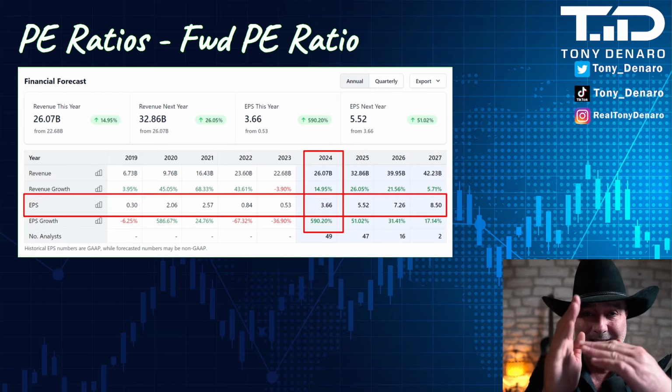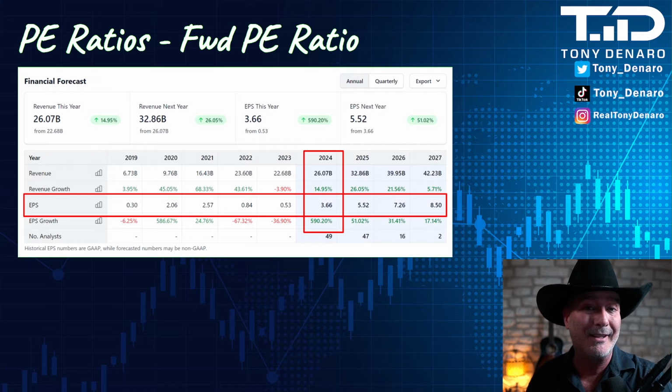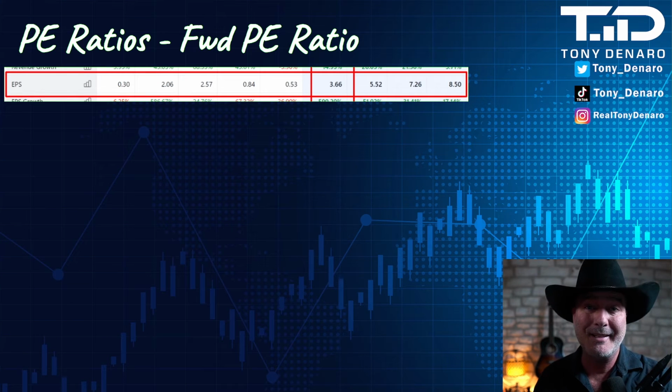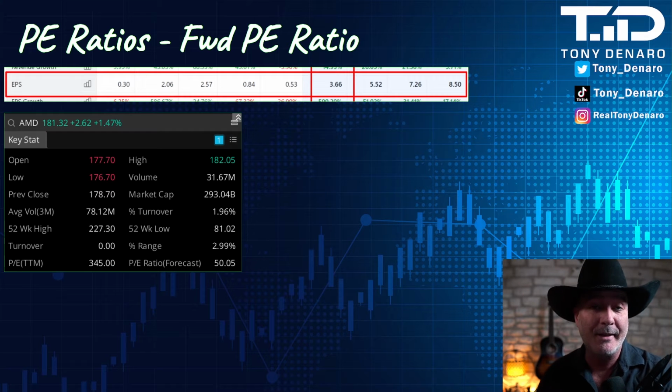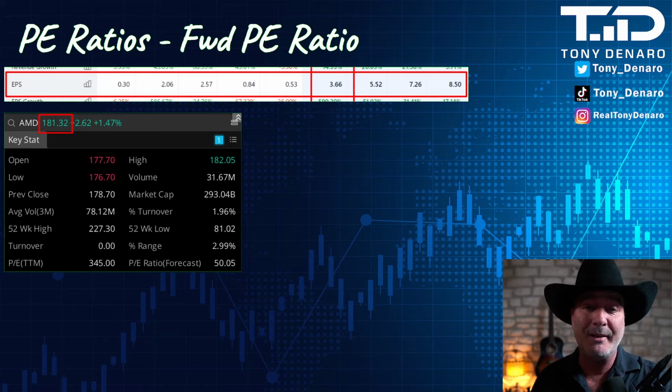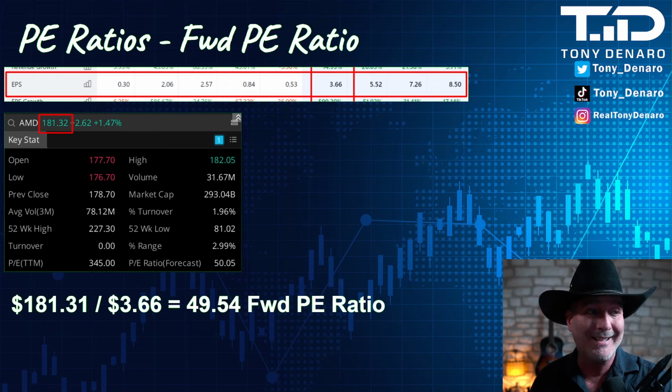So when we intersect those two lines, we can see that the expected earnings in 2024 for AMD is $3.66. So we're going to use that same basic math, the price divided by the earnings. And we know that the price of AMD, again, is $181.32. We have the annual earnings for 2024 forecasted at $3.66.